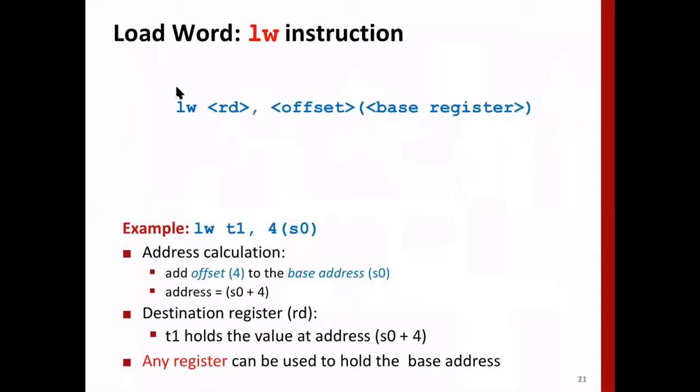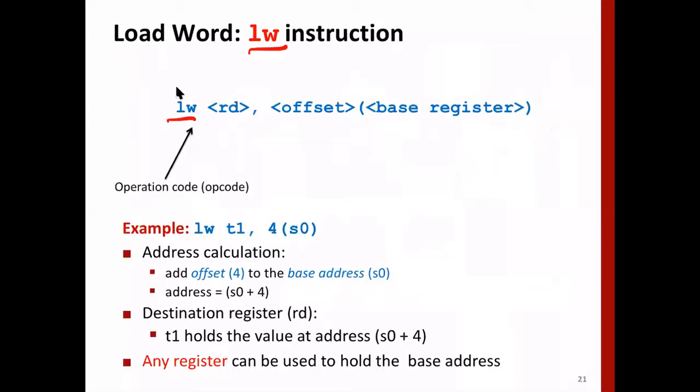Now let's look at this one. The first instruction we consider is load word. It means we are getting a word, which is 32 bits, from memory to a register. So we have to specify the memory location and the register. LW is of course a load instruction.